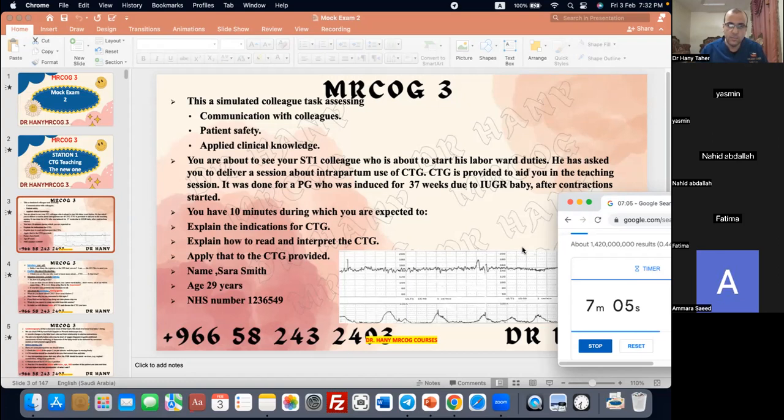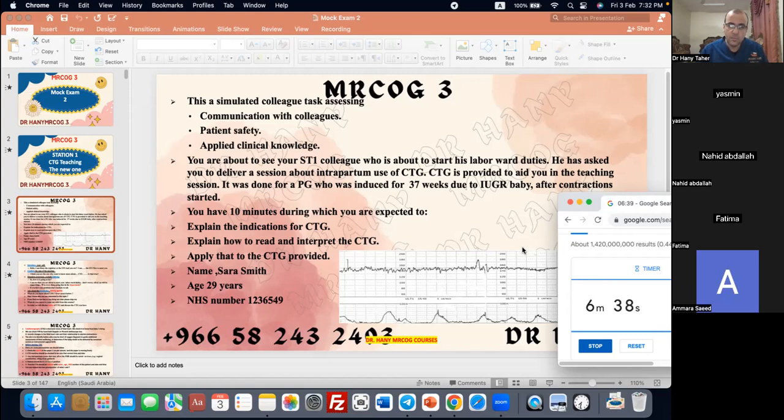So for reading the CTG, we are using the mnemonic of Dr. C. Bravado. So DR stands for define risk, as I told you. So these are the risks. We have to see why we are doing the CTG. Okay. And then we have the features of C. Bravado. First, they were doing it as reassuring, non-reassuring, and abnormal.